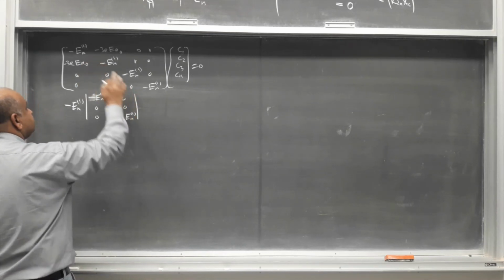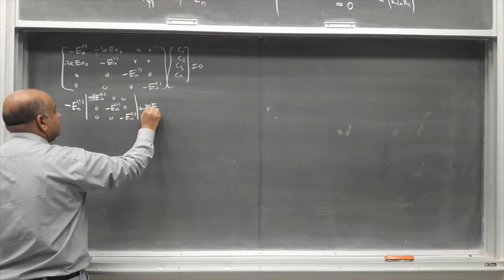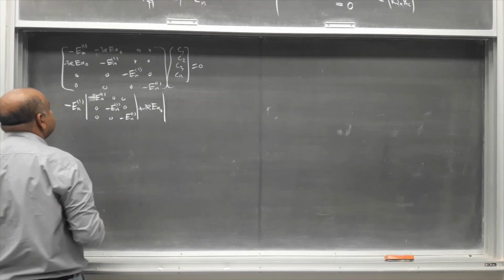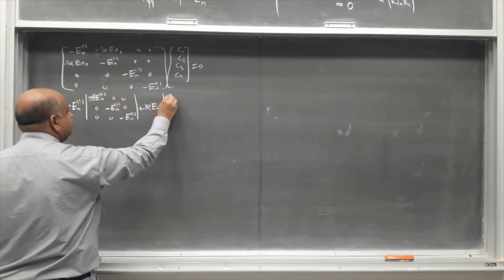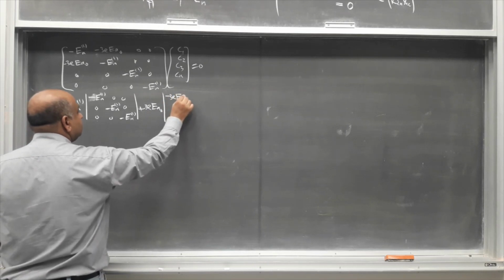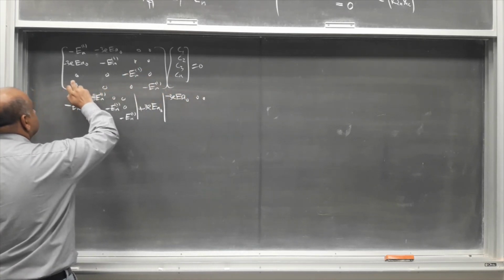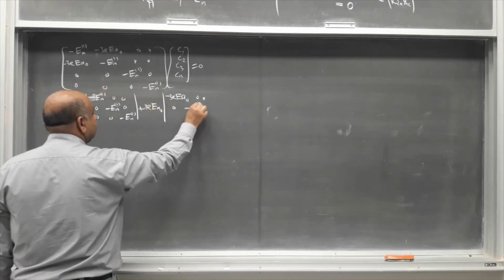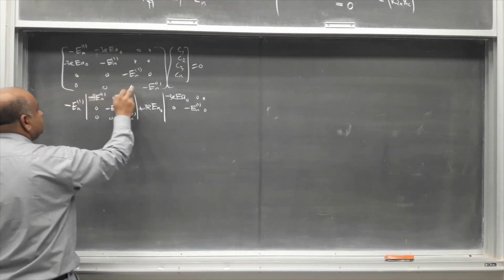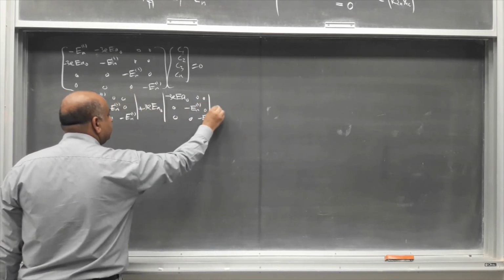Then minus into minus this, so this is plus 3EA naught. So this row and this column goes away, and I have minus 3EA naught times the determinant of 0, 0, 0; 0, minus En1, 0; 0, 0, minus En1, equal to 0.